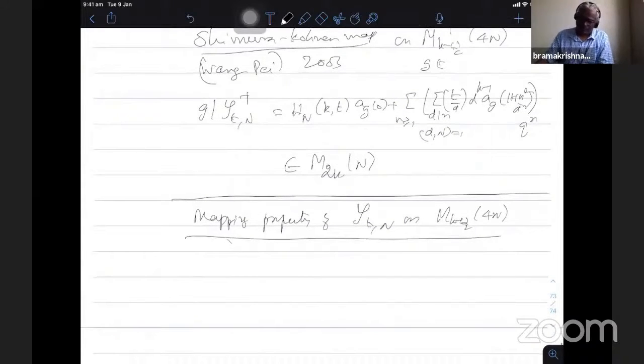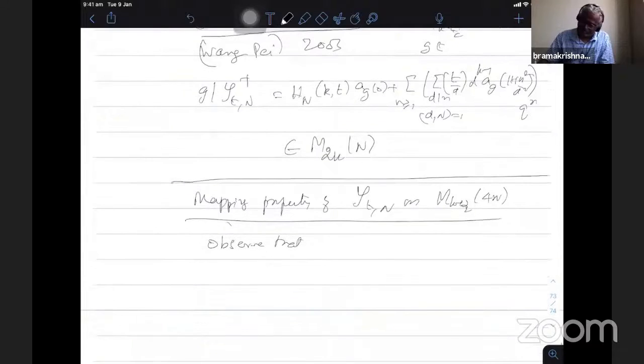So there is a nice relation between the Shimura map and the Shimura-Kohnen map. So observe that if f belongs to M_{k+1/2}^+(4n), then f bar S_{t,n}^+ minus S_{t,n}.